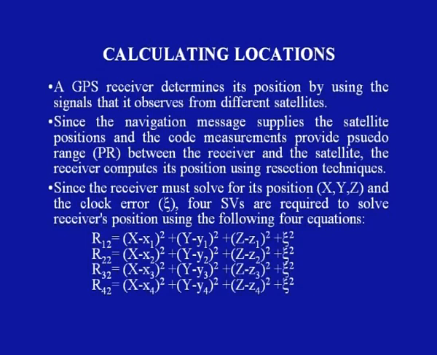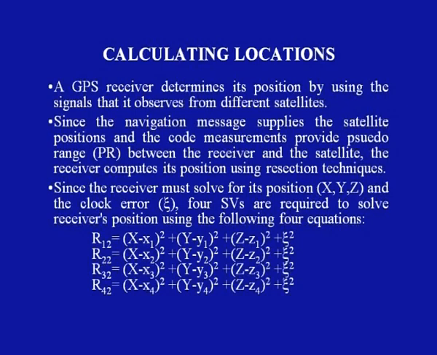In order to calculate the location of a point, a GPS receiver determines its position by using the signals that it receives from different satellites. Since the navigation message supplies the satellite positions and the code measurements provide the pseudo range between the receiver and the satellite, the receiver computes its position using resection techniques.